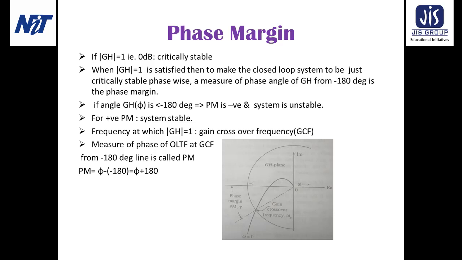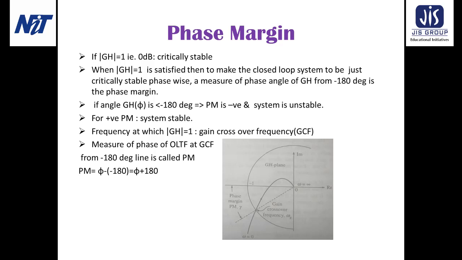Now, when we consider the equation mod of G(s)H(s) is equal to 1 and it is satisfied, then to make the closed loop system just critically stable phase wise, the measure of phase angle from -180 degree is the phase margin. That is, the margin of phase we can play with phase wise to make the closed loop system just critically stable.